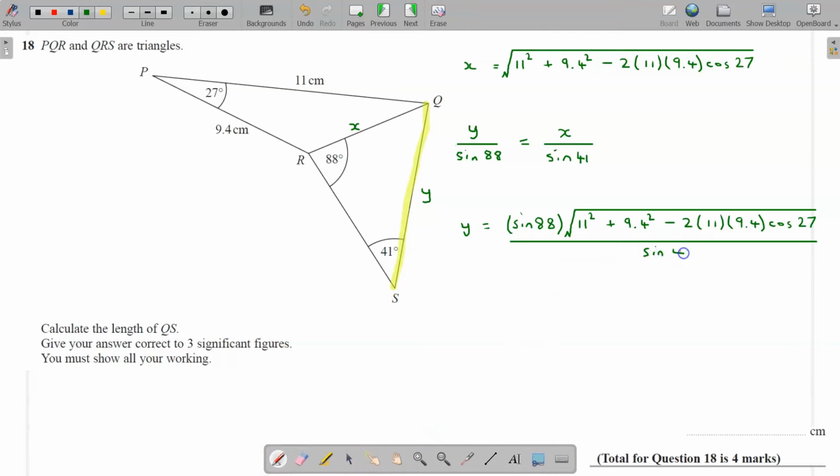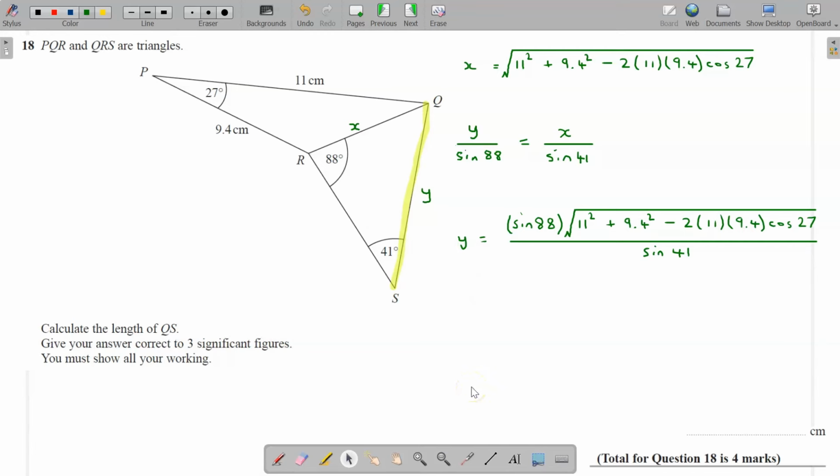So at no time am I actually needing to know what x is. Now obviously you need to be very careful to enter that correctly into the calculator. I'll just put that y down a little bit, don't really need to, but just to show that it's in the middle of the fraction like that.